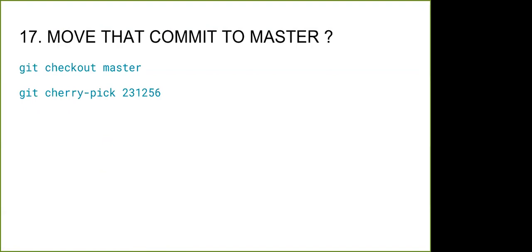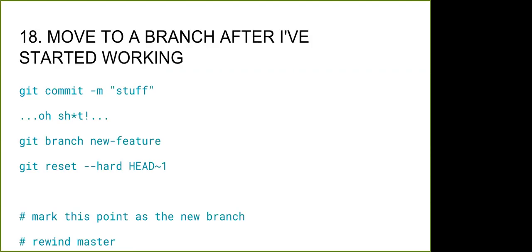You say git checkout master branch and say git cherry-pick with the specific commit hash ID. So that commit will move, or you can say merge, to the master branch. So the changes made in the specific commit went to the production-ready branch, master. Okay.